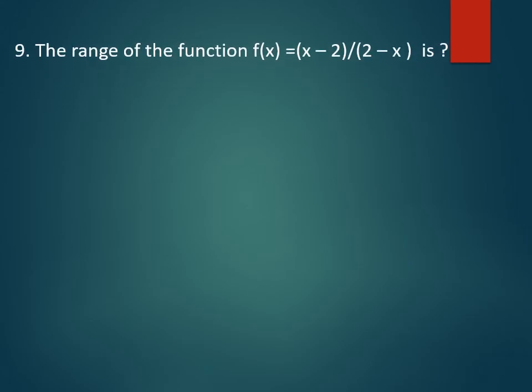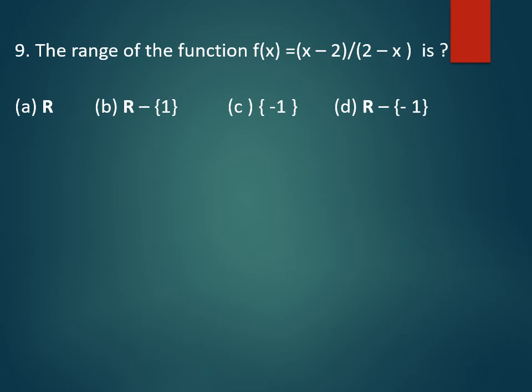So here you have to find the range of the function. The function is defined as f of x is equal to x minus 2 divided by 2 minus x. So find the range. These are the options here. To find the range, first you have to check what is the domain of this function.